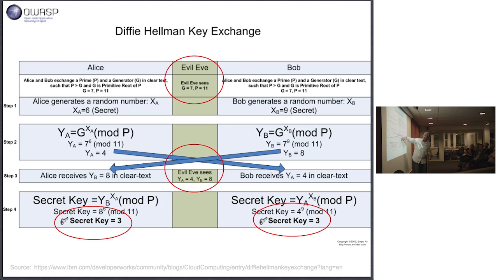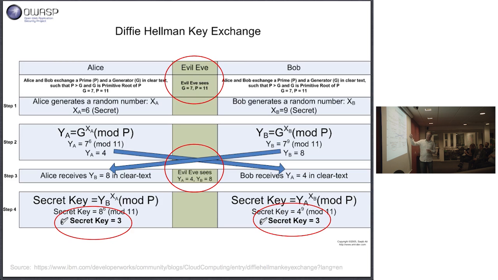So if somebody sitting in between and looking at this, they can record that information. And then, and this is the important thing here, Alice and Bob generate random numbers. So they need to have a good quality random generator, generating big numbers, which are their private secrets.